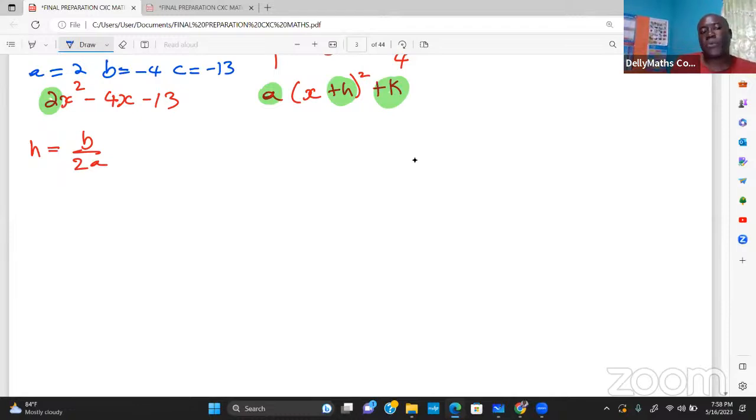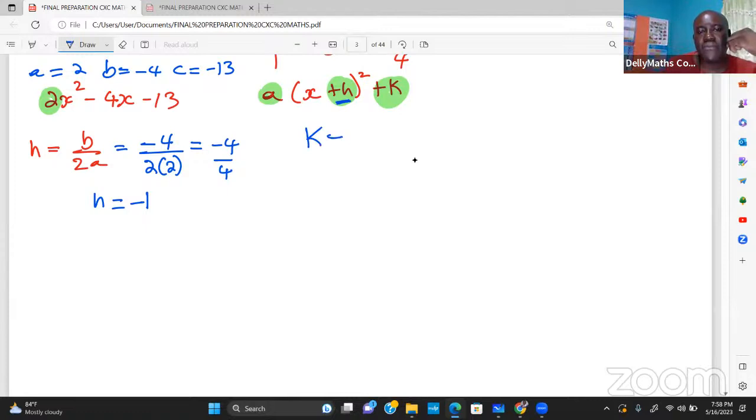So then if I'm supposed to find h by doing b over 2a, simply it's going to be -4 over 2 times 2, which is -4 over 4. H is -1. I have a value for that already.